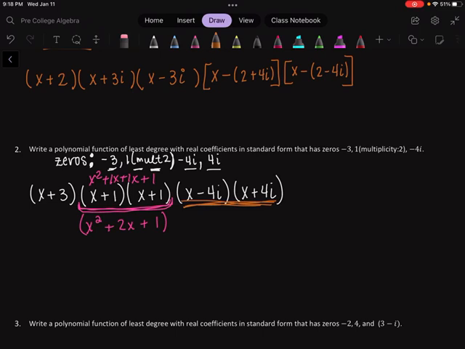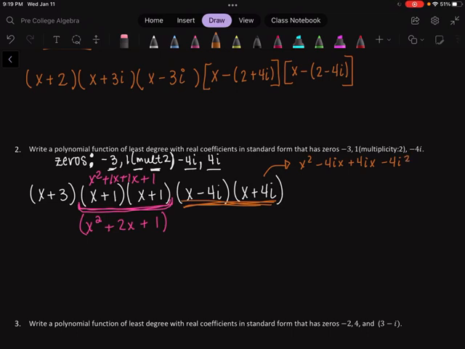If you recall, when we multiplied by a conjugate, something happened to the middle numbers. They canceled because they were opposites, right? This technically is x squared minus 4ix plus 4ix minus 4i squared, right?